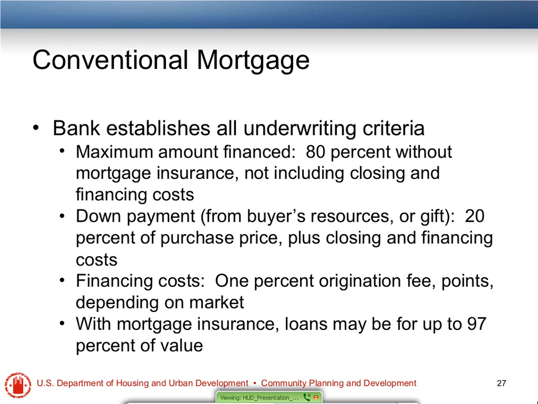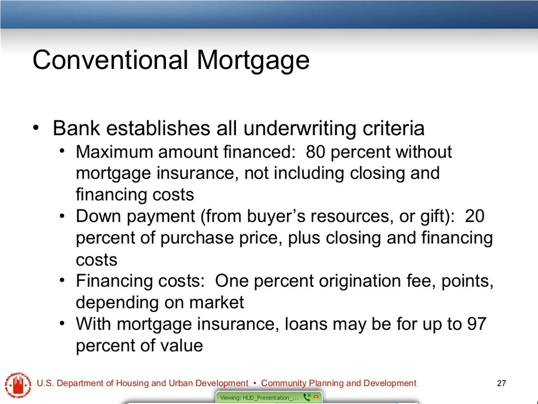And typically there's going to be an origination fee, 1% of the cost. So again, on a $100,000 mortgage, a 1% origination fee would be $1,000. And that will vary by market, and it changes over time.